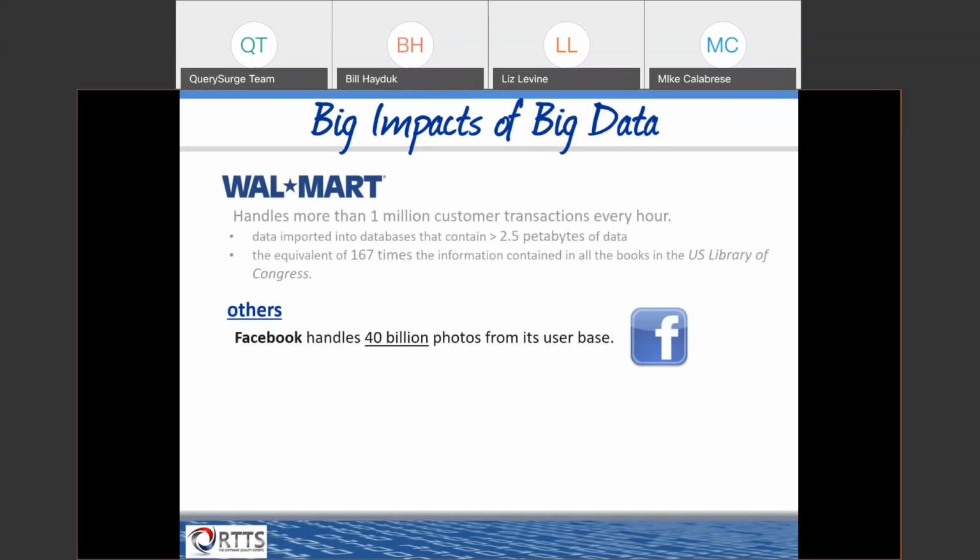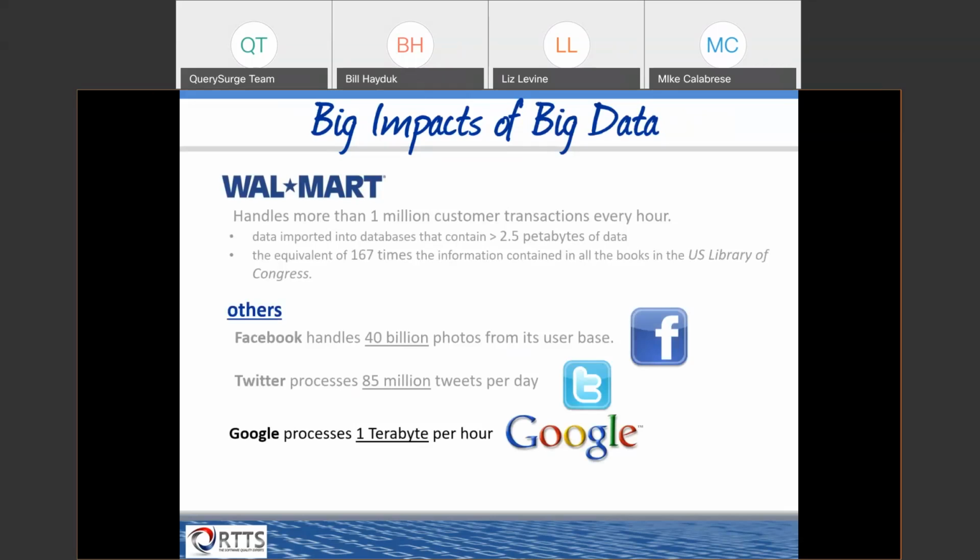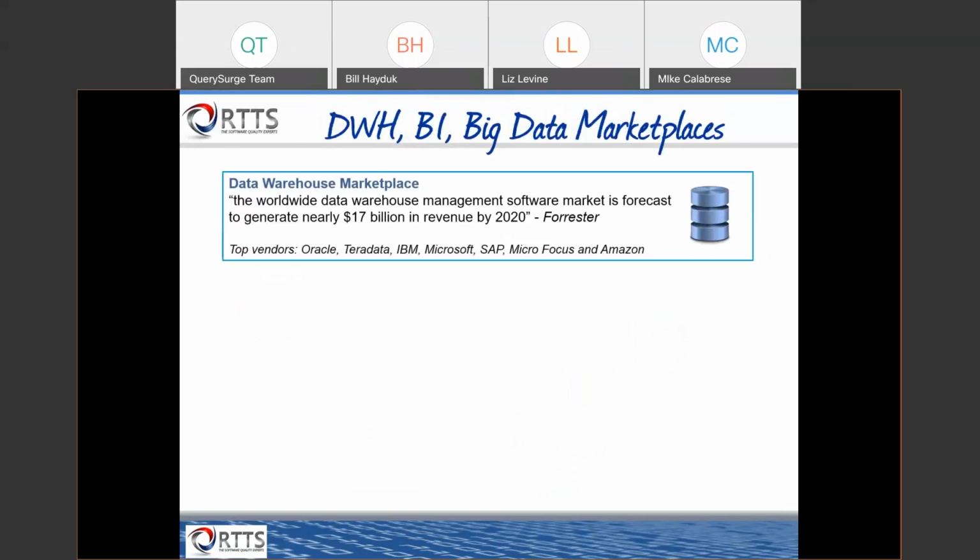Some of the other big tech names out there also handling large and tremendous amounts of data: Facebook, Twitter, Google. And not only the big tech giants out there, both companies, small and large, are realizing the benefits of big data. And they're spending money. So the data warehouse marketplace is forecast to generate nearly $17 billion in revenue by 2020.